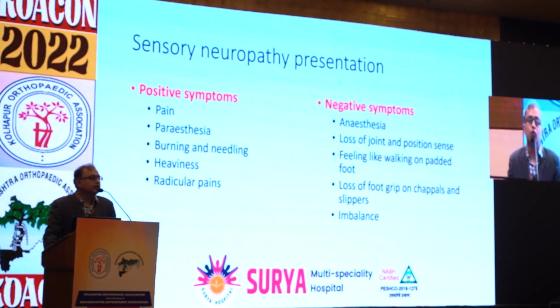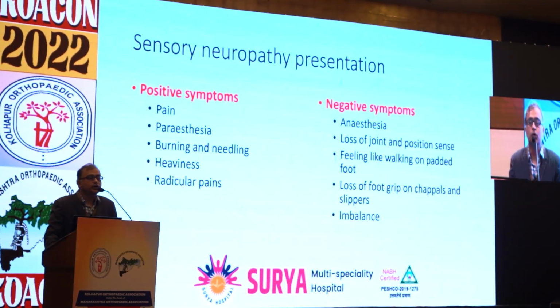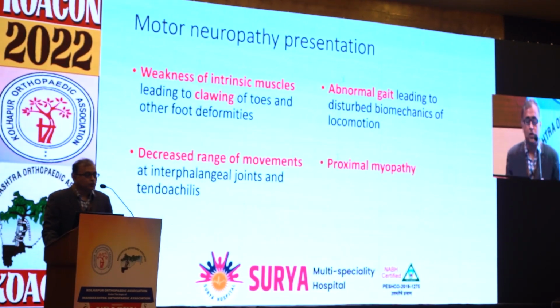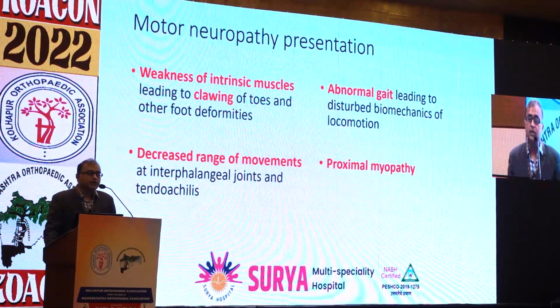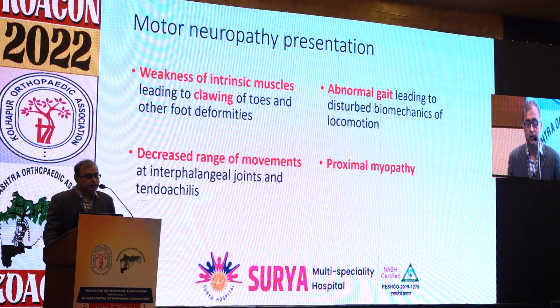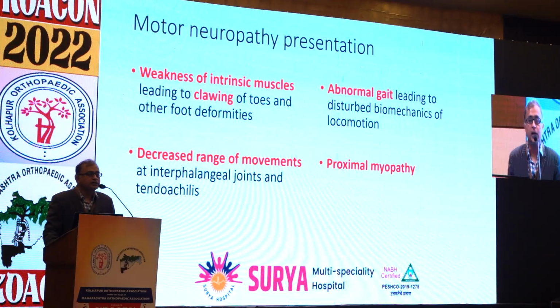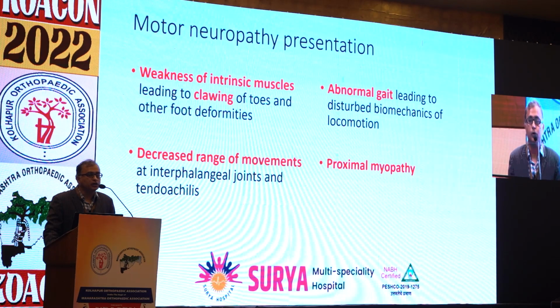Negative symptoms are more dangerous because no symptom, no treatment, and complications. That is the dictum. Motor neuropathy may present as weakness of intrinsic muscles, decreased range of movement, abnormal gait, and proximal myopathies. I have purposefully extended the introduction of neuropathy here because it's all new to us.